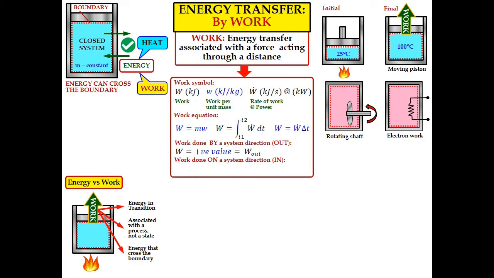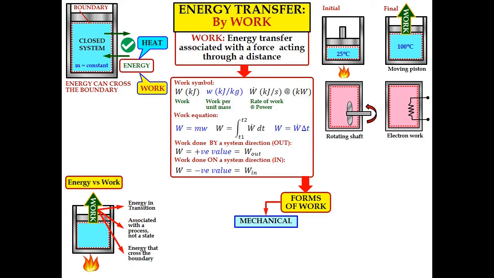Work done on a system is referred to as work in. The value of W for work done on a system is a negative value, or we can use the symbol W in.